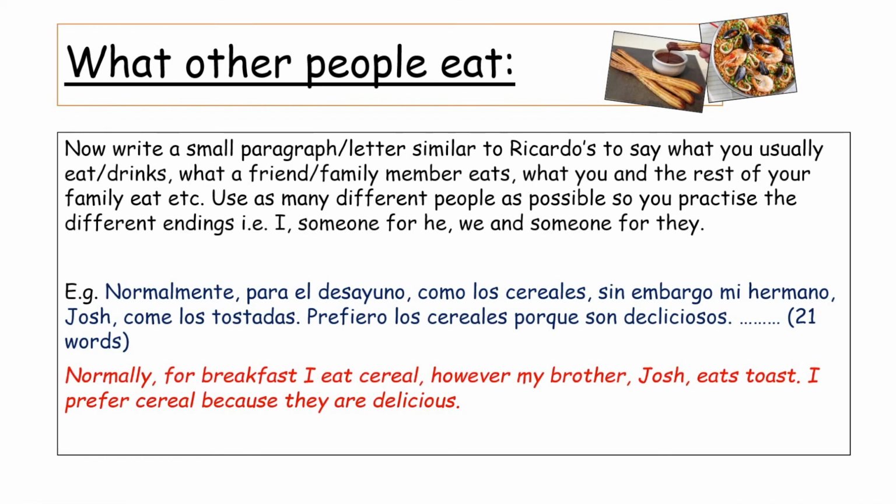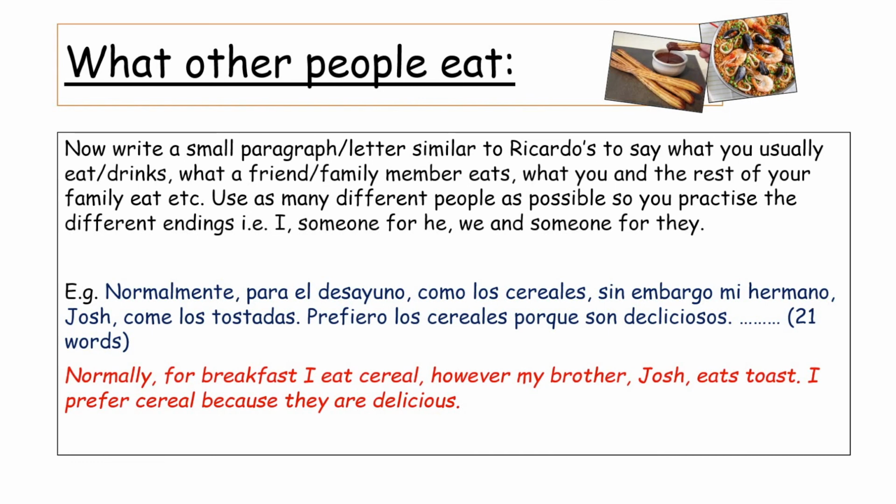Okay, so as you write, please check your endings of when you describe what they're like, salty, bitter, whatever it is. Make sure you've got the right ending, if it's something feminine, if it's something plural. And make sure you've got lots of adjectives in there for descriptions. See if you can remember some sentence starters.